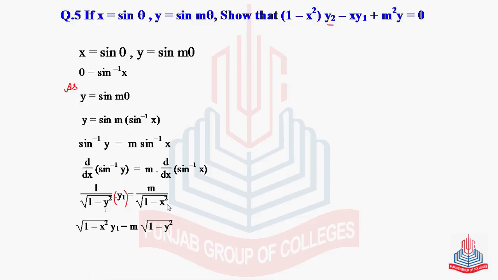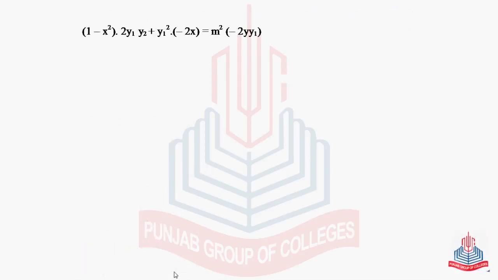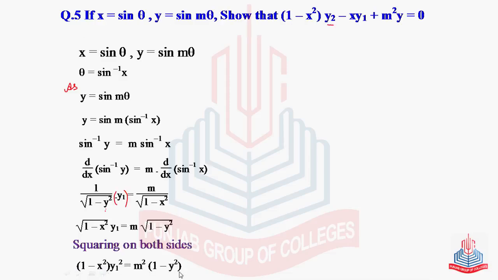Cross multiplying, under root 1 minus x square is multiplied by y1, and m multiplies under root 1 minus y square. Squaring on both sides, we get 1 minus x square into y1 square is equal to m square into 1 minus y square.